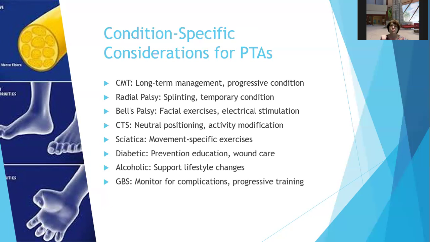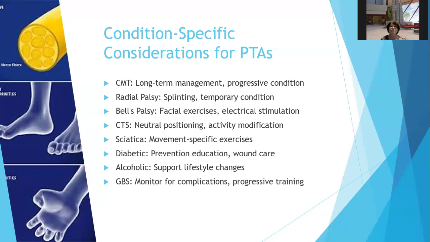Carpal tunnel syndrome, neutral positioning, activity modification. A lot of times we see people post-surgically for carpal tunnel. I've had good luck with instrument-assisted soft tissue mobilization on the transverse carpal ligament. Each person's going to be a little different. Sciatica, movement-specific exercises and avoiding aggravating movements.